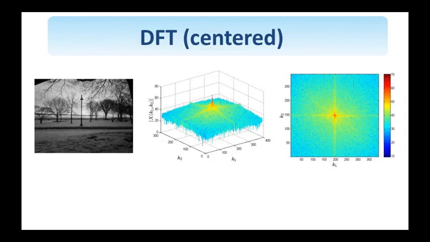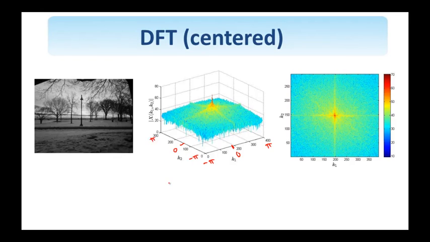So here we see the same image again on the left, but often it's more informative if the magnitude of the spectrum of the image is centered. So in other words, the 0 point is around about here, and therefore here is minus pi, pi, and minus pi, pi in the other direction.